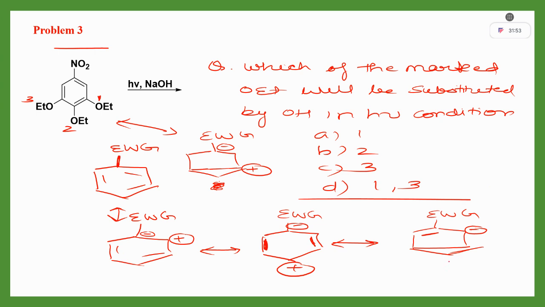From this case you can also tell these positive and negative charges are meta to each other. So whenever an electron withdrawing group is there, they will be meta in this form. So only groups which are meta to this electron withdrawing group will undergo nucleophilic substitution. Therefore the correct answer is option D, that is 1 and 3. Yes or no?